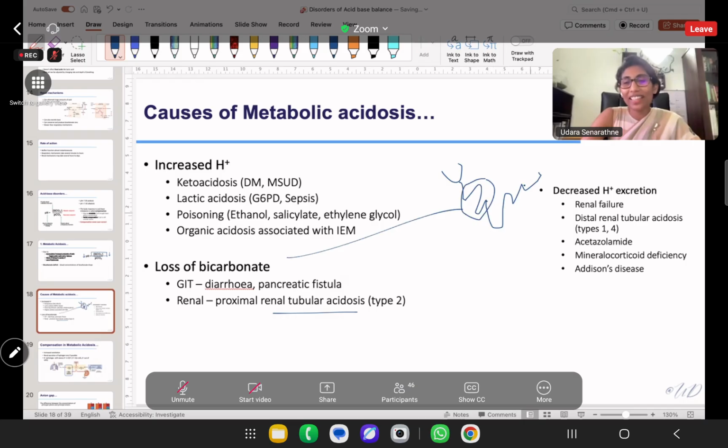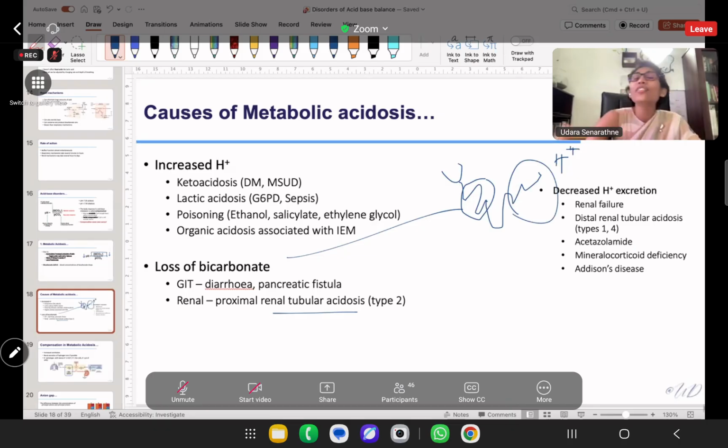And then the loop of Henle and the distal tubule, where the distal tubule is where you are going to excrete H+, whereas here you are going to reabsorb bicarbonate. Therefore, in RTA type 2, you get a metabolic acidosis because of losing bicarbonate.